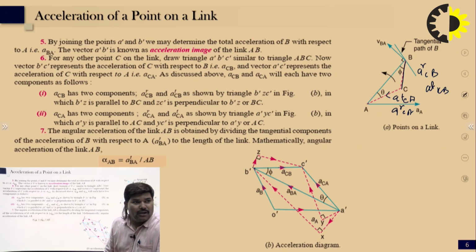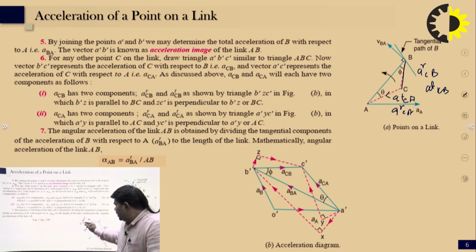In figure B, the acceleration of C with respect to B has two components, radial component and tangential component. You can see here b dash to z dash is the radial component, and z dash to c dash is the tangential component, right. In the triangle b dash, z dash, c dash, b dash z dash is parallel to BC, and z dash c dash is perpendicular to b dash z dash, or we can say to BC.